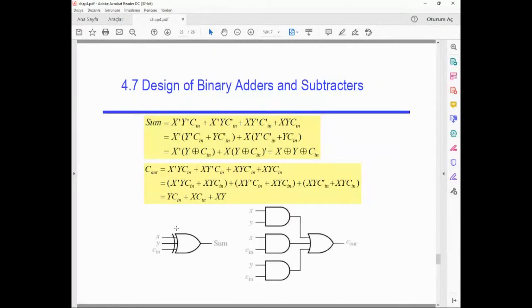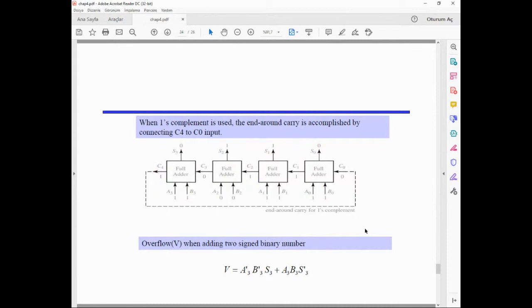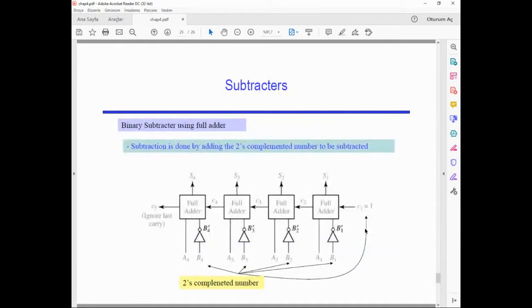I advise you to just memorize this one. The sum means XOR, and for the carry out you use 3 AND gates like that, and put the OR gate over them. So you just saw the binary adder. Don't worry if you don't understand this example, because we will see that in great detail. But you can think about that like a decimal number.